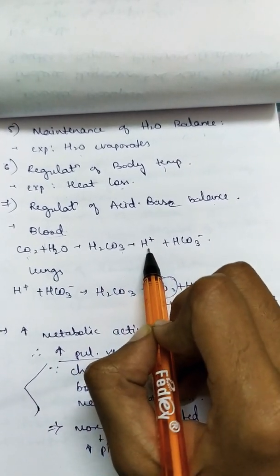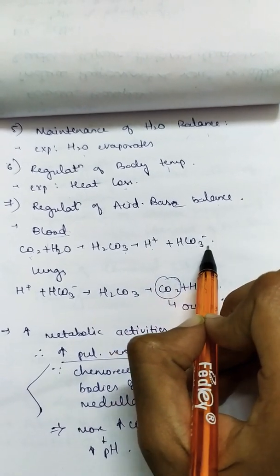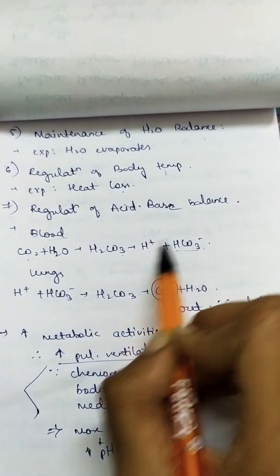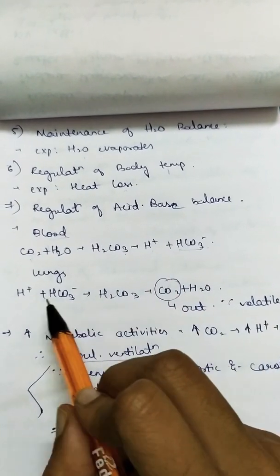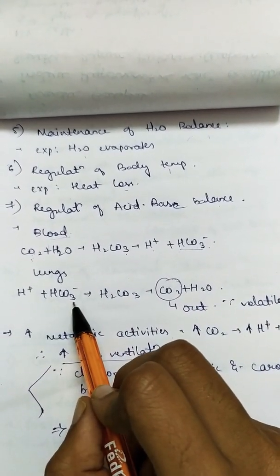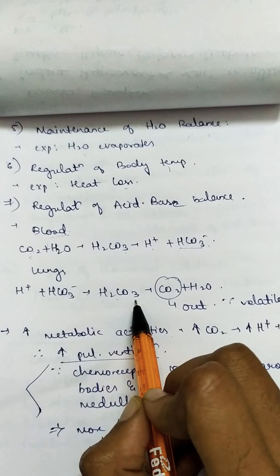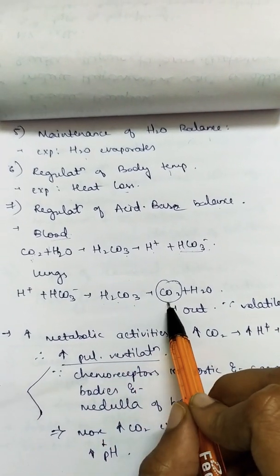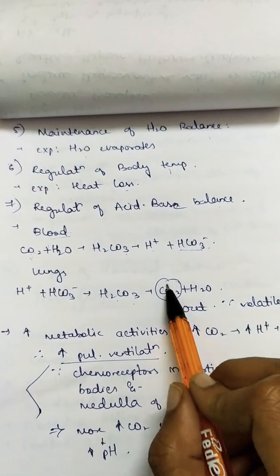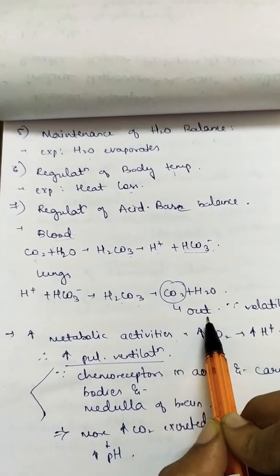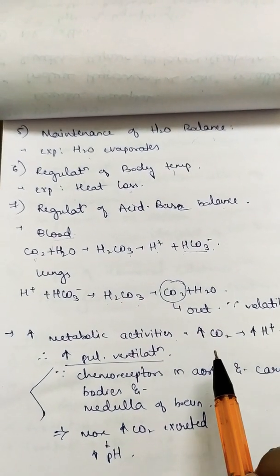This breaks down to H+ plus HCO3-, that is bicarbonate. In the lungs, the reaction reverses. H+ plus HCO3- gives you H2CO3, that is carbonic acid, which is converted to carbon dioxide and water. This carbon dioxide is thrown out of the lungs because it is a volatile gas.